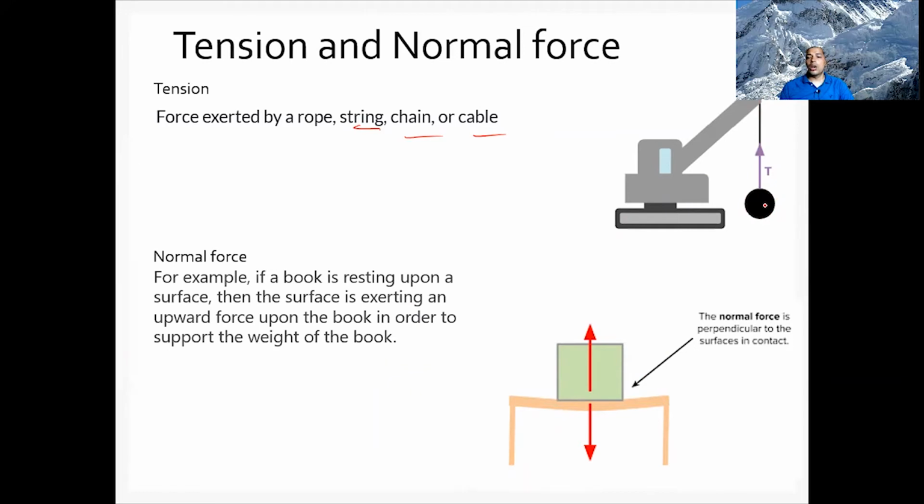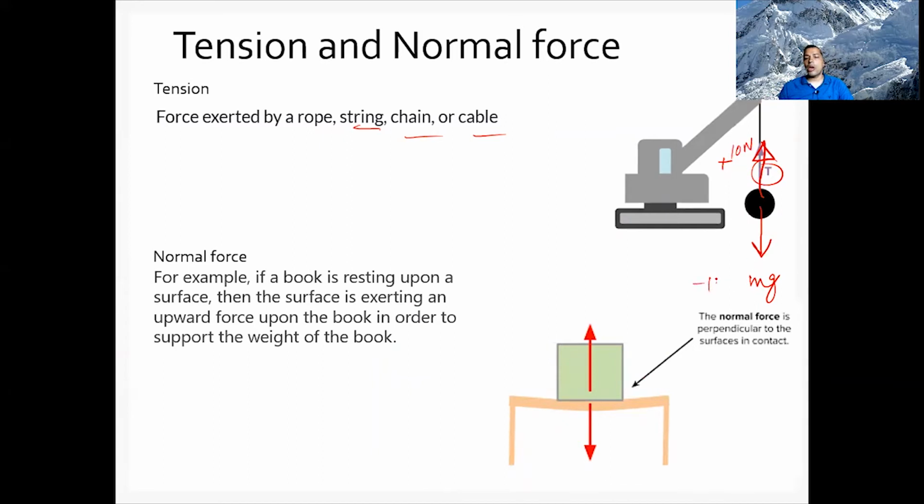Then this object is pulled downward by the mg force, but it is not moving down. Why is that? Because net force is 0. How come? Because there is a force acting up, which is called T. This is, let's say, plus 10 Newton.